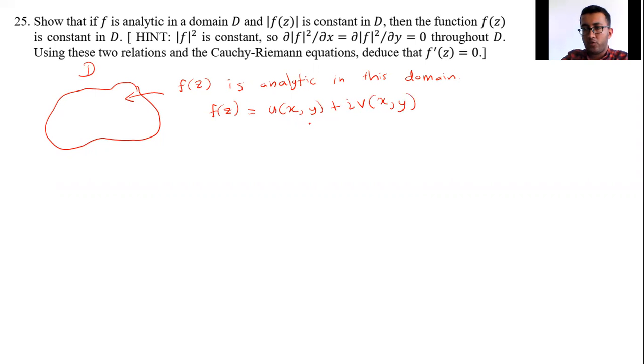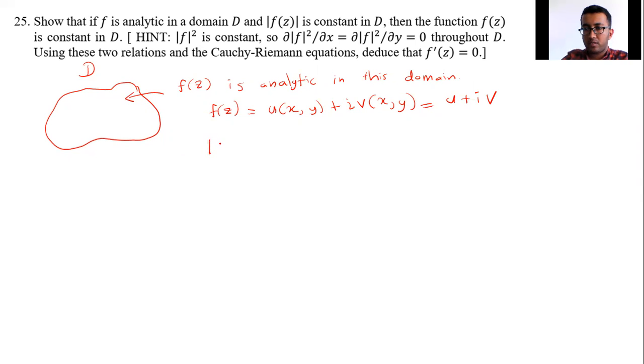Instead of u(x,y), I am going to write u because then it's easy to write, and instead of v(x,y), I am using v. So I am using u plus iv. You have to remember that u is a function of two variables x and y, and v is also a function of x and y. Right? So it is given that the modulus of function f is constant.